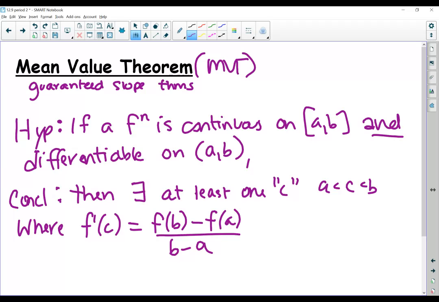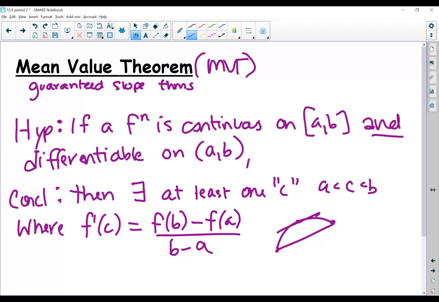So there has to be a tangent line that is parallel to the secant line. That has to happen if the function is differentiable. There's no ifs, ands, or buts about it. The theorem only tells us that there has to be that number. It does not tell us how to find that number.